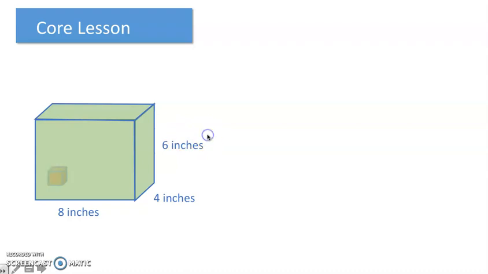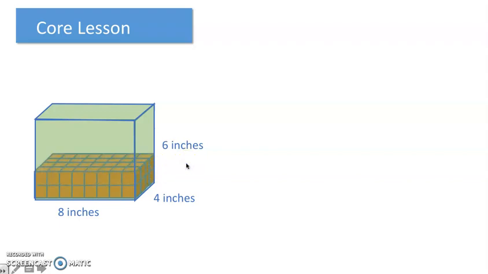Okay, our unit is inches, and you can see in our animation that they're filling up the width, which is 8 inches. And when we bring in our length of 4, our base is filled up. You can see the bottom of the box is filled up with 32 square inches.